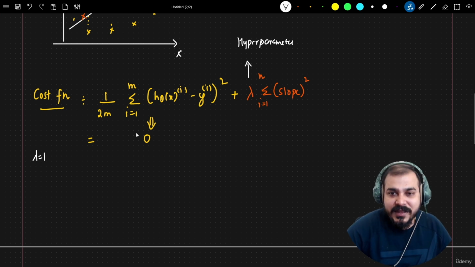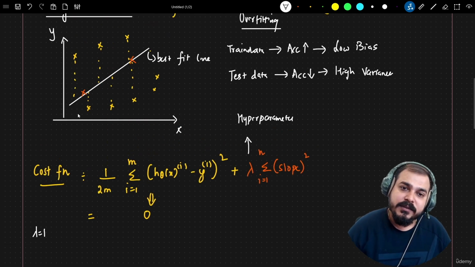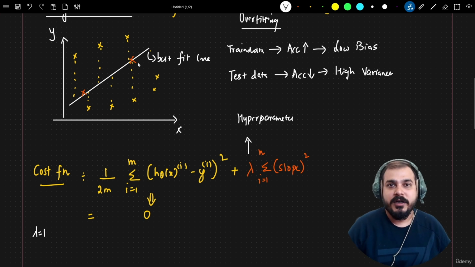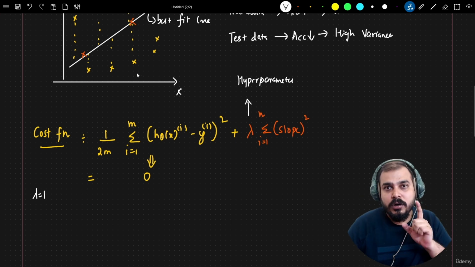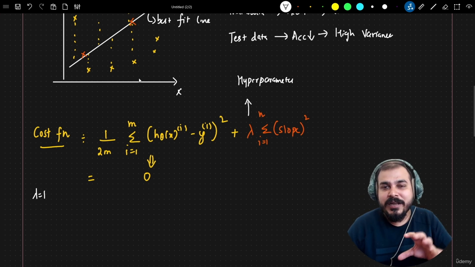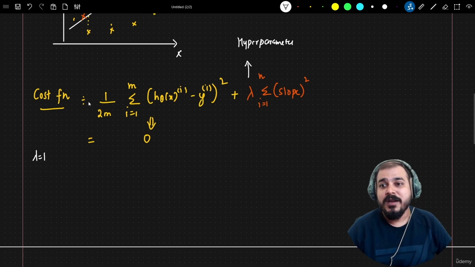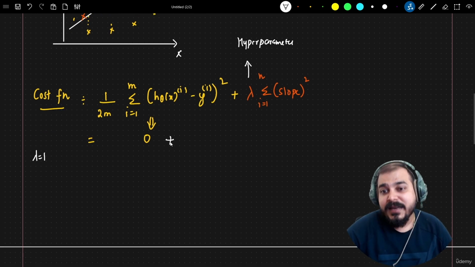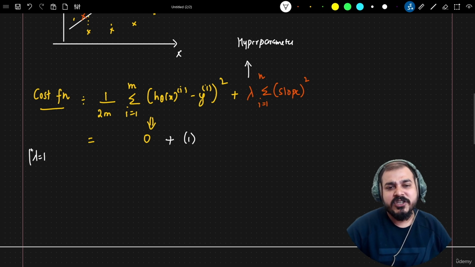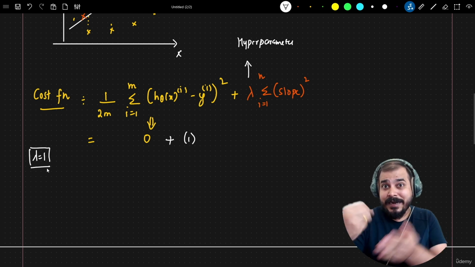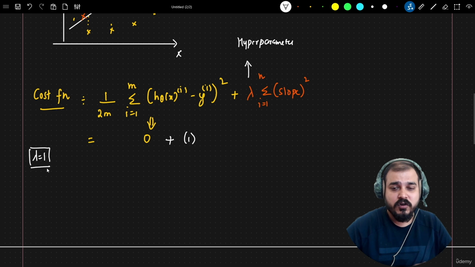When this value becomes 0, I have to make sure that this never becomes 0, because if this becomes 0, that basically means this best fit line perfectly passes through all the points, and this should not happen. So my cost function should definitely know that this is not 0 at this point of time. So what we do? We penalize this value by multiplying by the lambda value. Lambda value I've just initialized as 1.